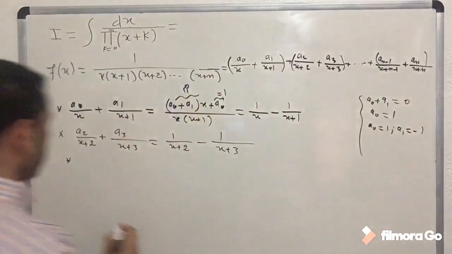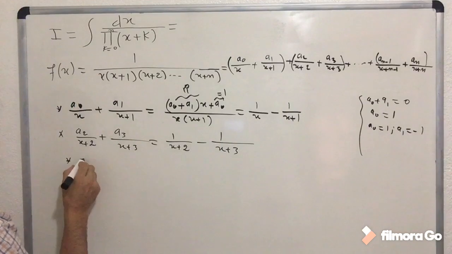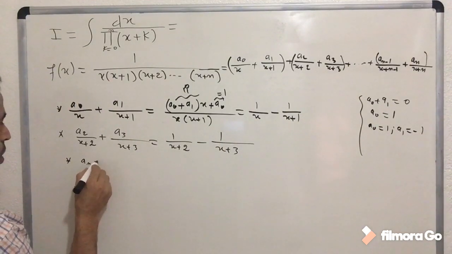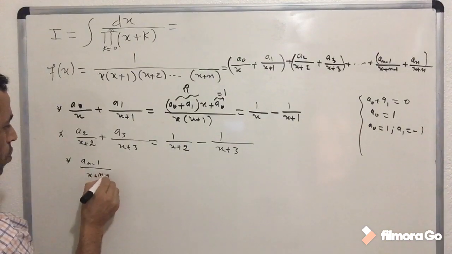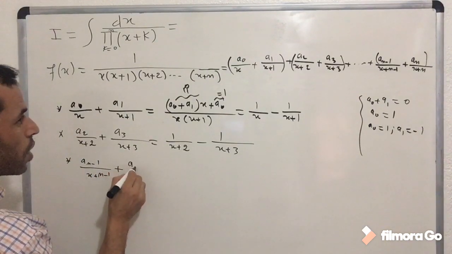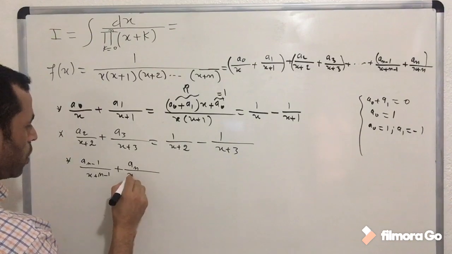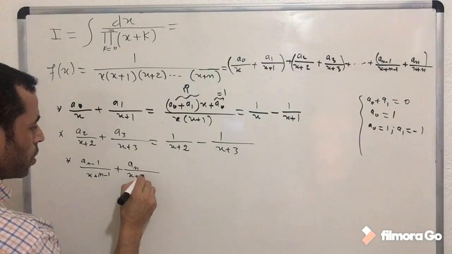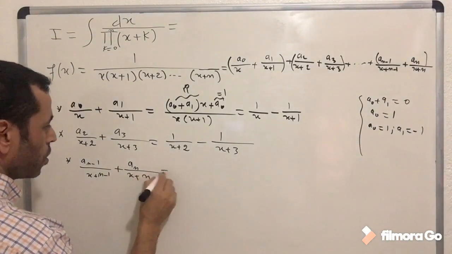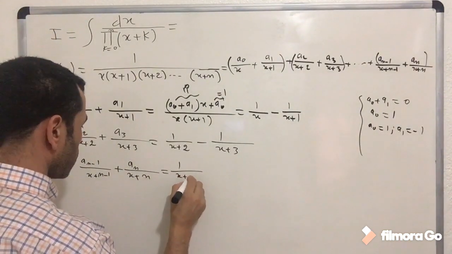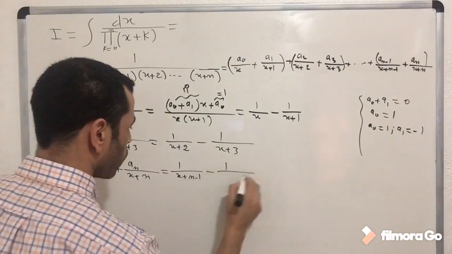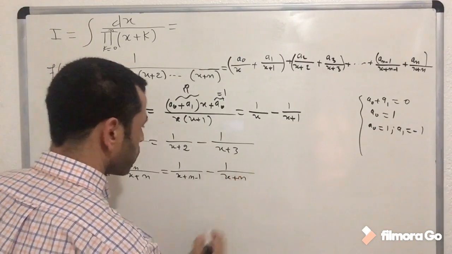This one is the same thing. We have a n minus 1 over x plus n minus 1 plus a n over x plus n, and you will find 1 over x plus n minus 1 minus 1 over x plus n.